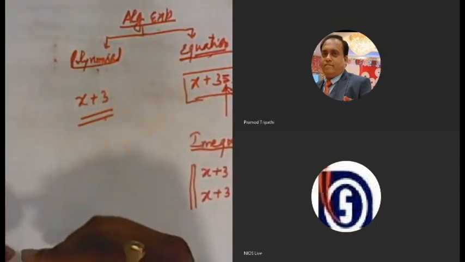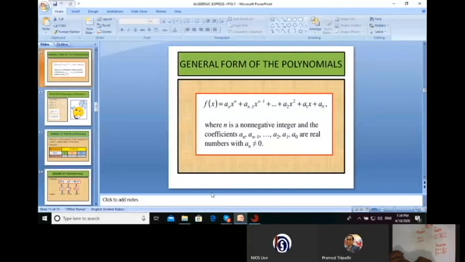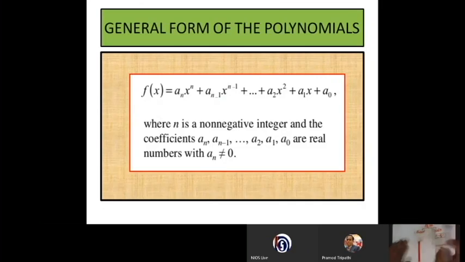Now we move to the terms and coefficient. So I think we have discussed here the general form of the polynomial. So f(x) equal a_n into x raised to the power n plus a_(n-1) x raised to the power n-1, and it goes up to a_0.